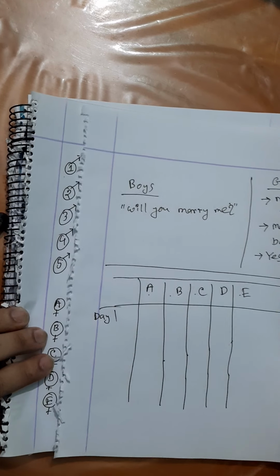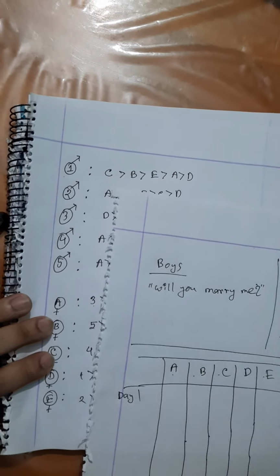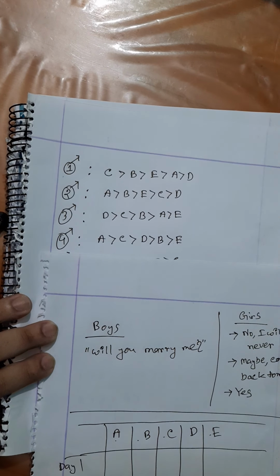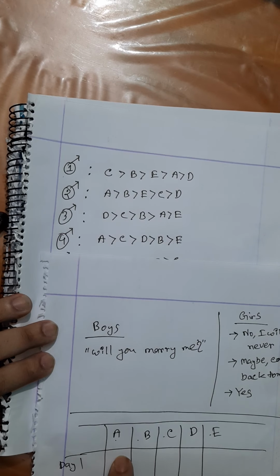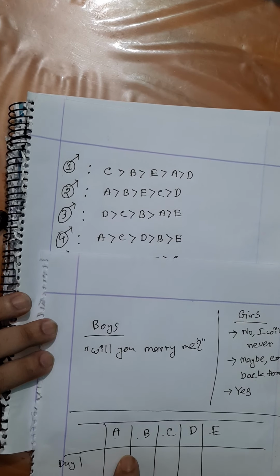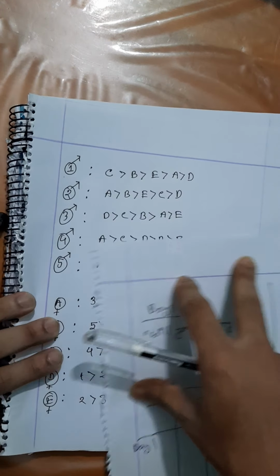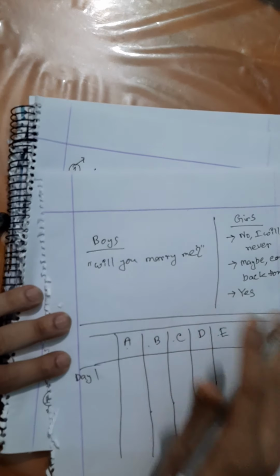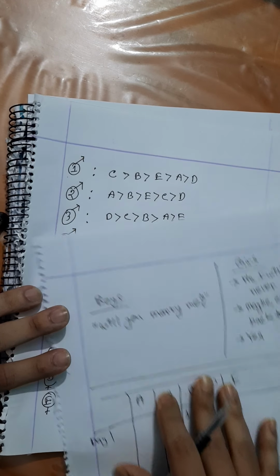At day 1, the boys will go under the balcony of their most preferred girl who has not rejected them yet. At the very first day, no girl has rejected any boys yet. So we have 5 boys: boy 1 will go under the balcony of C, so we'll write down C here.